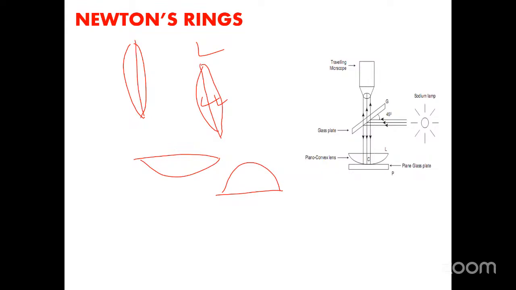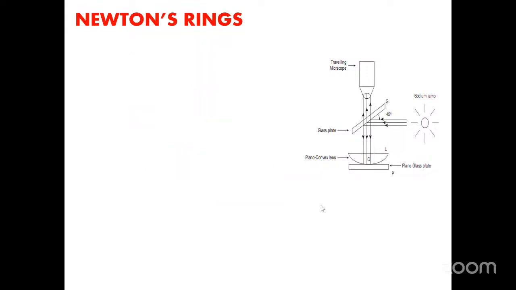If you cut this, that is plane. So which is a plano convex lens. And this is another smooth glass plate, which makes an angle theta with the direction of the light. What is the theta value? 45 degrees, which is inclined at an angle of 45 degrees.